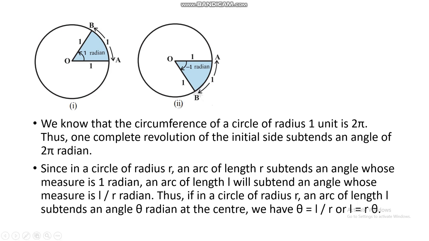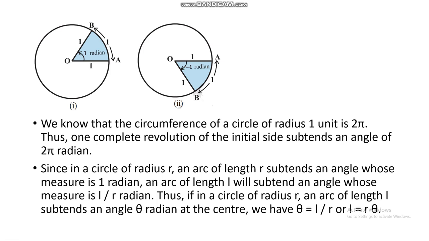So if we see the line drawn from O to A, and another line drawn at a particular angle from O to B, the radian is measured, and the arc is of 1 unit. We can convert this degree into radian. So how do we convert degree into radian?